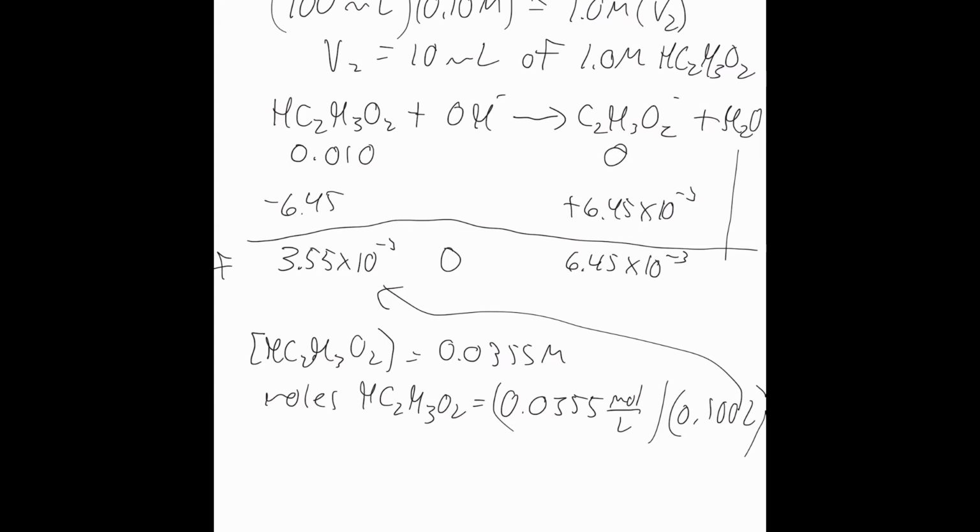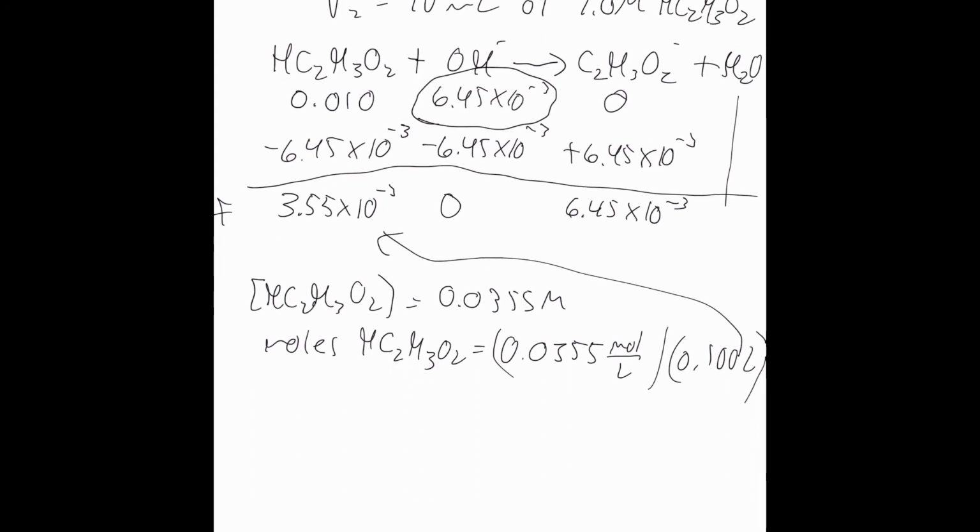So this is minus 6.45 times 10 to the minus 3, in order to get this and this. And so we would have had to start with 6.45 times 10 to the minus 3. That's the moles to start. So our moles of OH minus is equal to 6.45 times 10 to the minus 3.